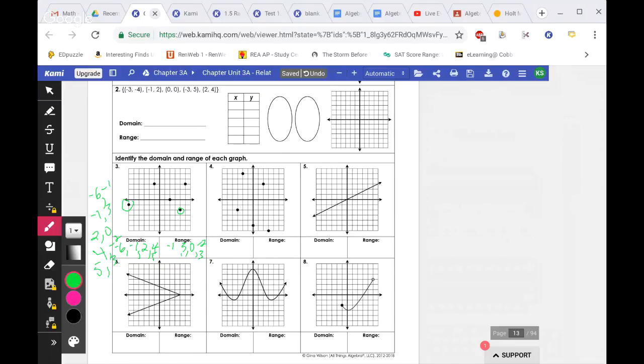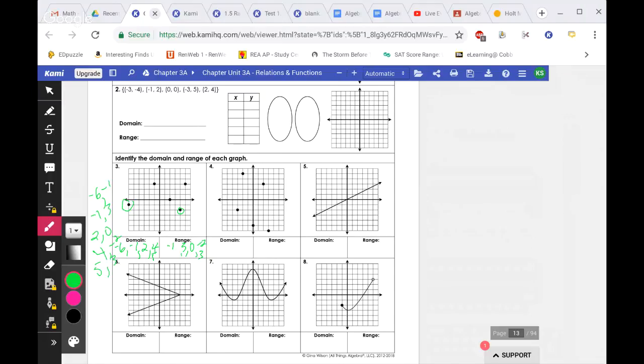Now, the domain and range for number 5. This is a continuous graph. So what we have to picture in our heads is that this is just a small picture of something that's going on globally on a coordinate plane that extends forever and ever, from negative infinity all the way to infinity. So we're really going to be using the end behavior of those arrows to figure out where we're going.